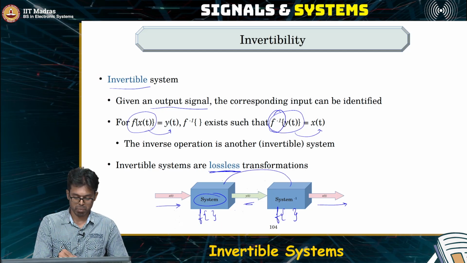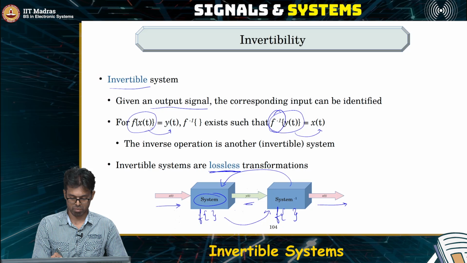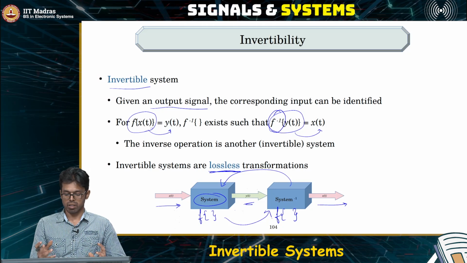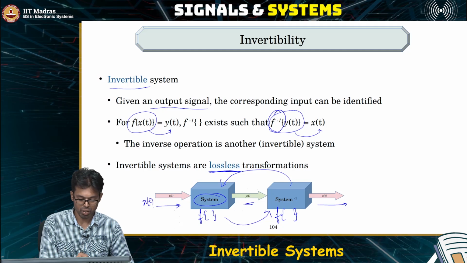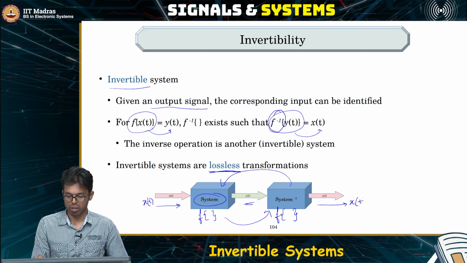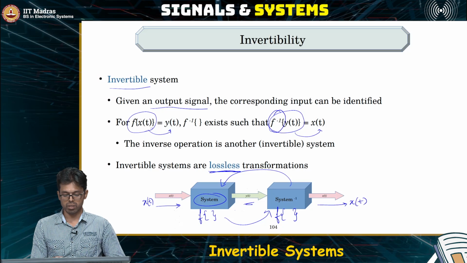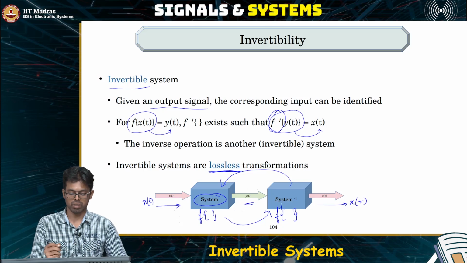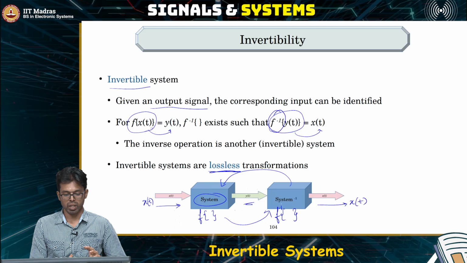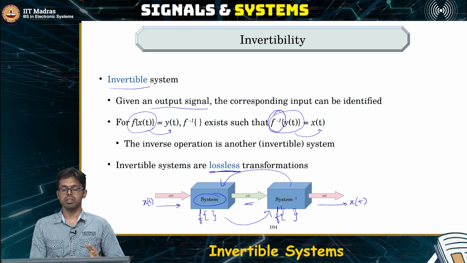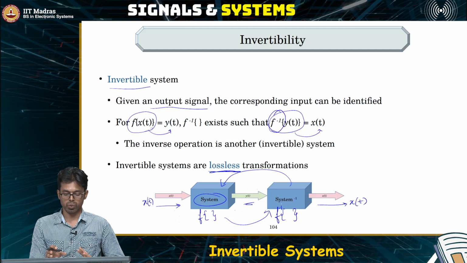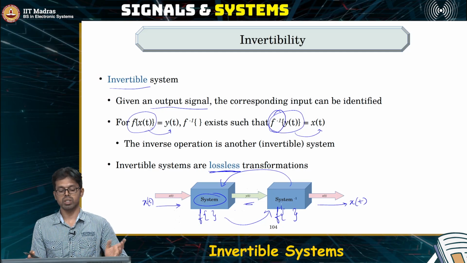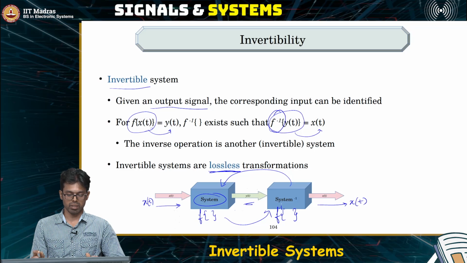If you just change the places of these two boxes, this operation will still work, meaning whatever you feed in as the input will still come out as the output. So both are systems where one is the inverse of the other, that's all. An inverse operation is basically another system which converts back whatever is fed to it using the inverse map of the previous system that we considered, okay?